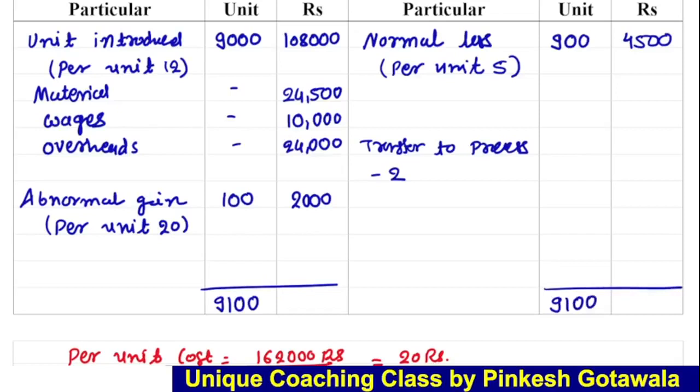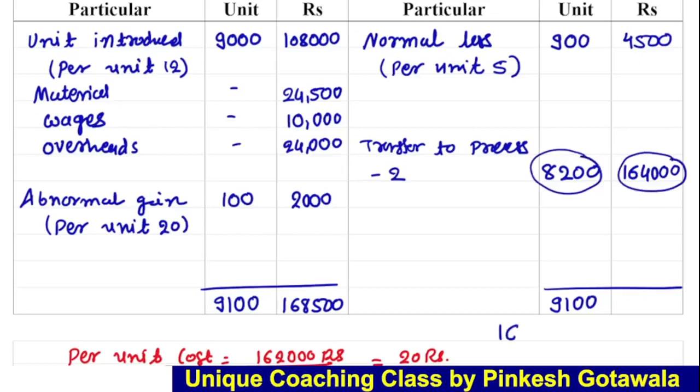Okay, so difference will be 8,200, and here 1,08,000, 24,500, 10,000, 24 and 2,000. 1,68,500 minus 4,500, 1,64,000. Okay, and also remember I told in a previous sum that also find out per unit cost of whatever we transfer to the next process.